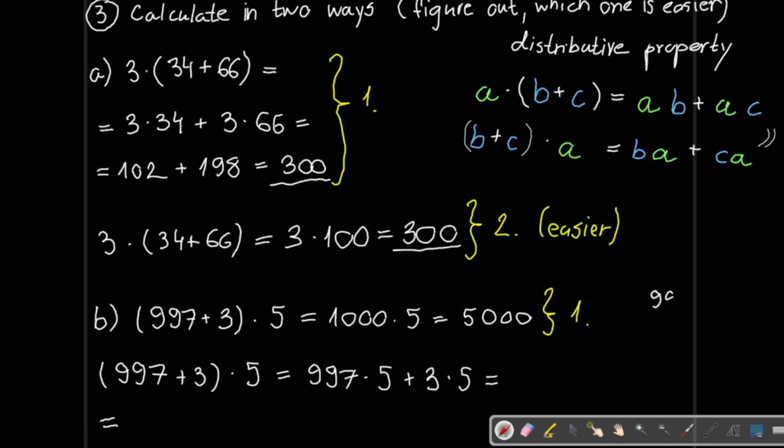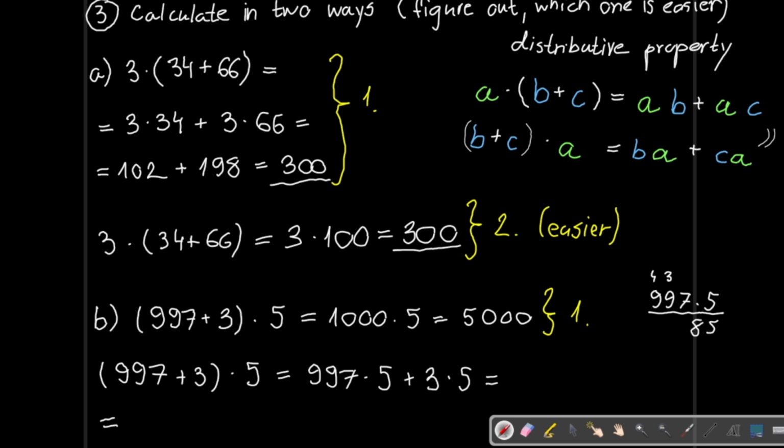Now let's see. 997 times 5. Remember, we can add an extra 0 to 997 and then divide that by 2. But let's just calculate using the column multiplication. I explained how to do column operations in the previous video, so if you're not following that, you're welcome to watch that video. 5 times 9, 45. 48.